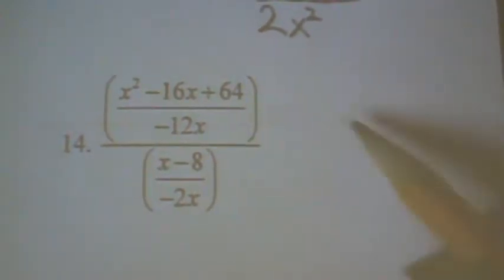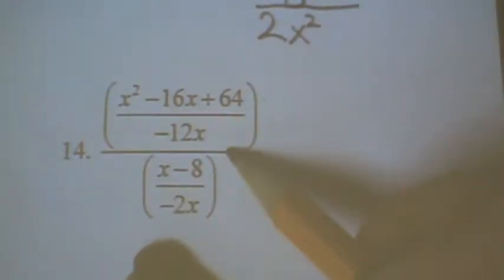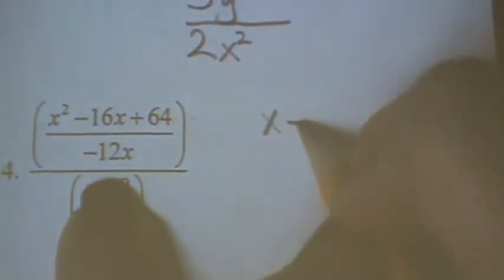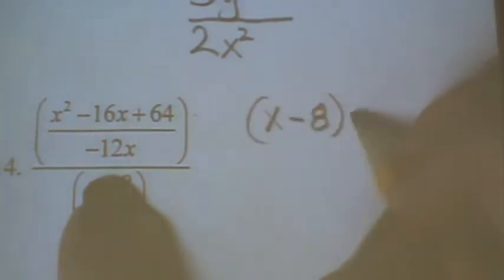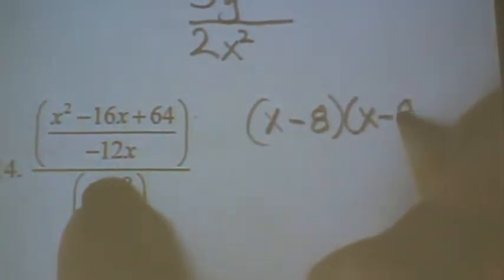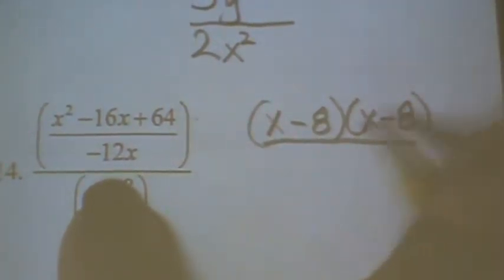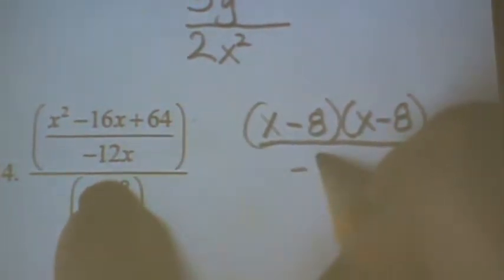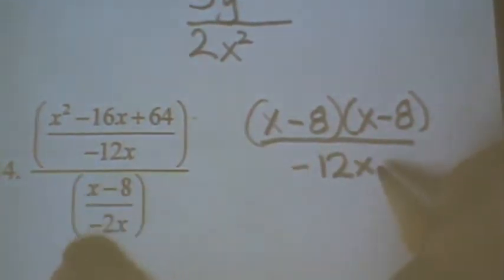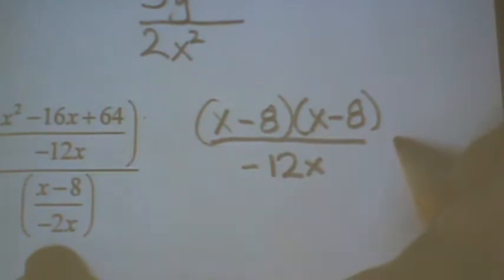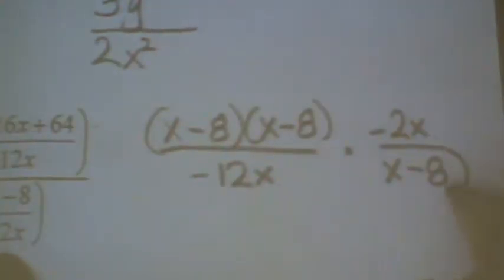Another complex fraction. We have a fraction divided by a fraction. So we're going to factor this, which is x minus 8. We have 2 of them over negative 12x. Now I'm going to flip this. I'm going to put negative 2x on top and x minus 8 on the bottom.